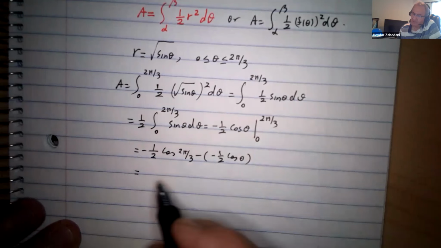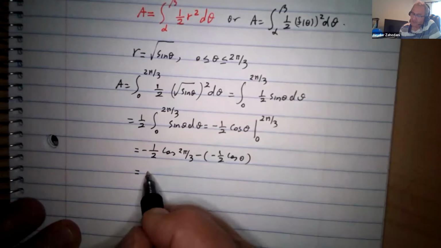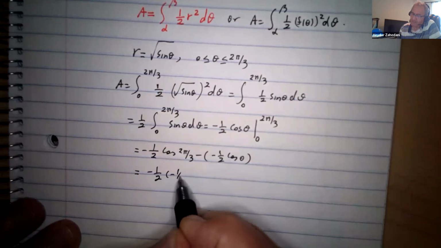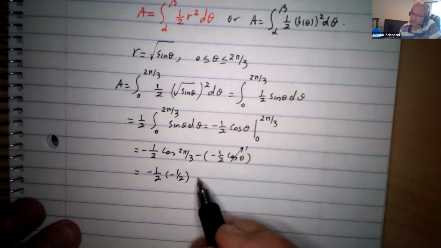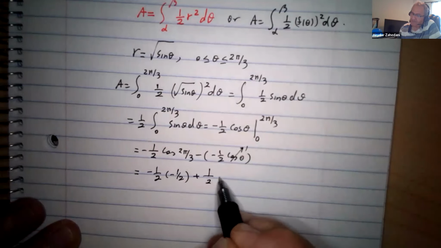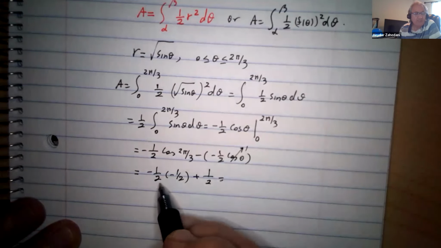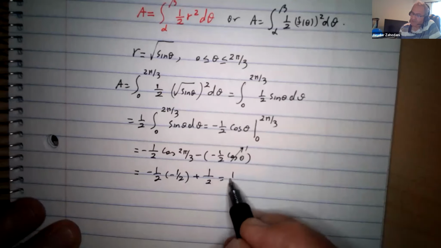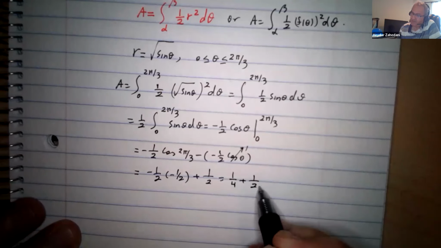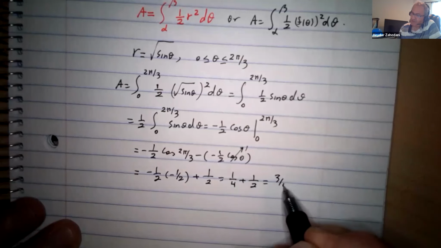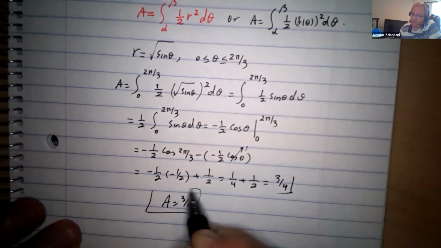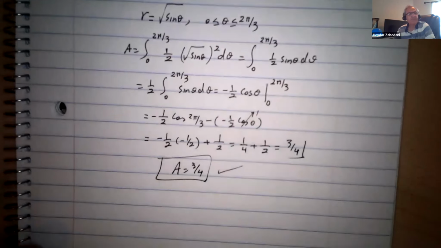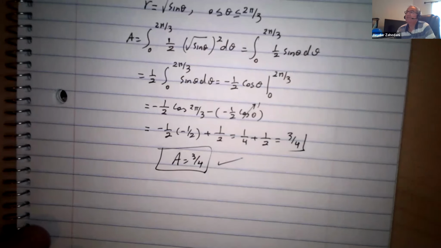So this is going to be negative half times a negative half, which is a quarter. And the cosine of 0 is 1, so you add plus half. So a quarter plus 1/2 is going to be 3/4. So the area would be 3/4. And then you're done. Okay, so the area problem is going to be an easy problem.